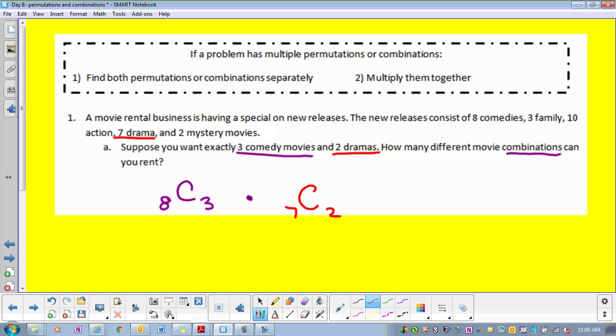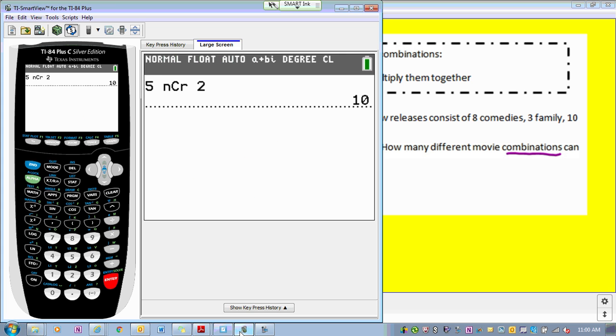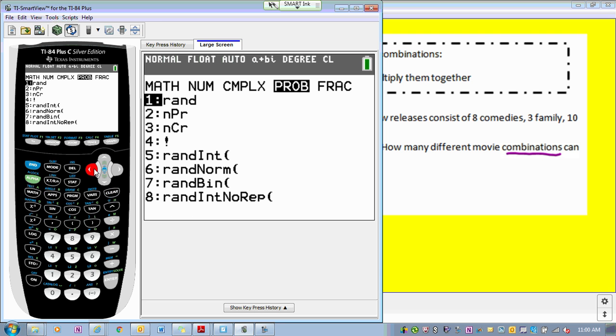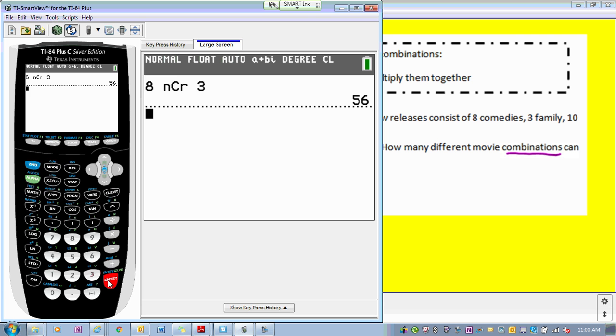So you're going to find each of those separately, and then you're going to multiply. What does 8 choose 3 in your calculator? I'm going to 8, and I'm going to go to math, nCr, 3. 56.